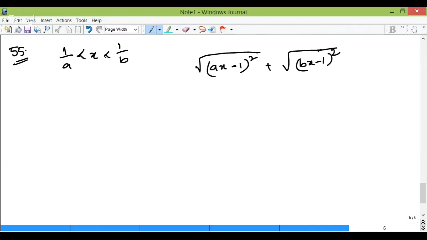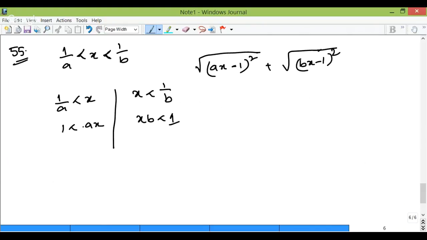Now go with the condition here. Given 1 by a less than x, you can write it as 1 is less than ax. It's one condition. And it is given x is less than 1 by b, and xb must be less than 1.